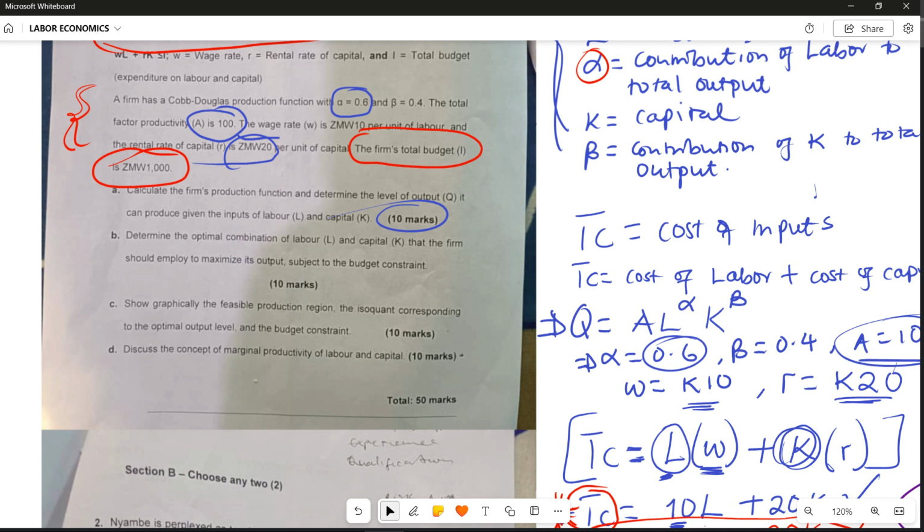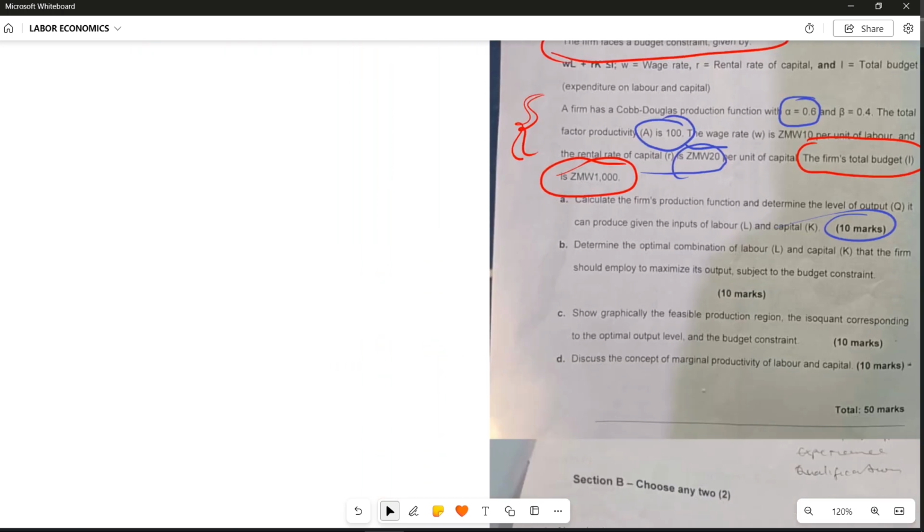Isoquant. So question C is saying show graphically the feasible production region, the isoquant corresponding to the optimal output level and the budget constraint. Oh, fine. This is simple again.